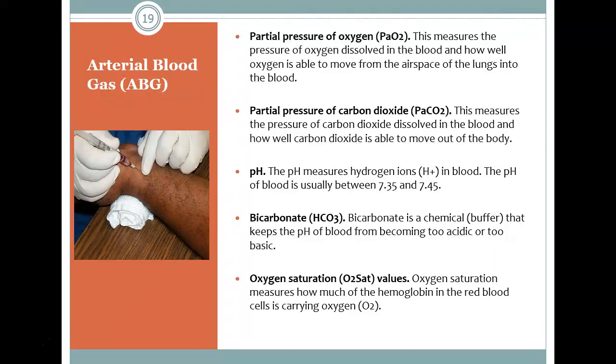By measuring the bicarbonate level, we're looking to see how well the blood is able to refrain from becoming too acidic or too basic. And then finally, our SpO2, also known as O2 sats, or oxygen saturation. What we're looking at with this is how much of the hemoglobin in our red blood cells is able to carry oxygen.